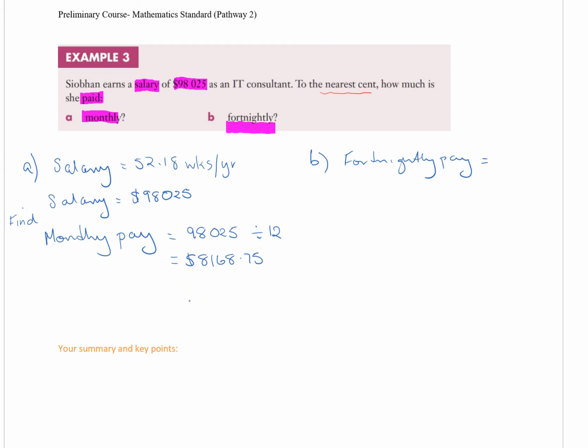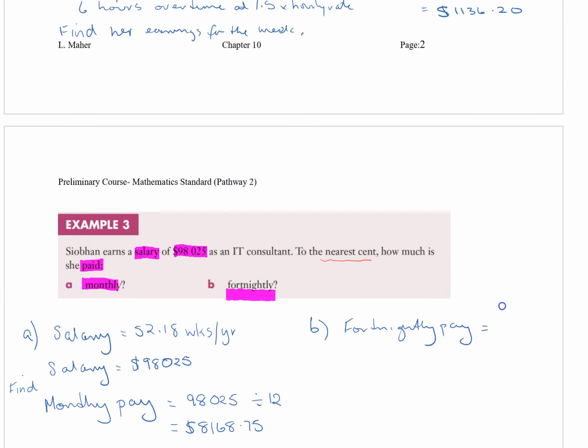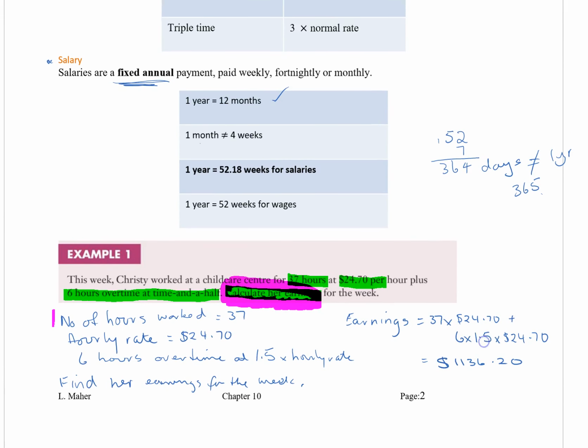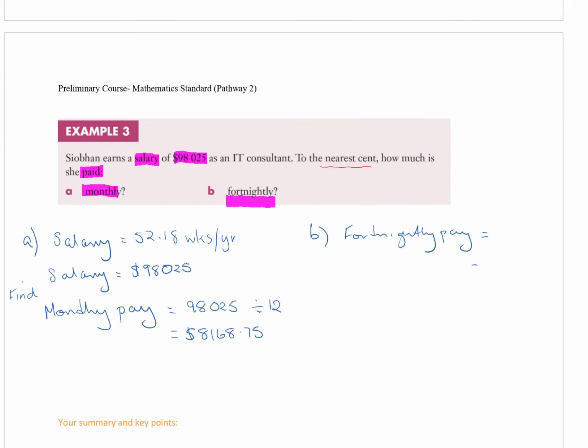The biggest mistake that students will make is to think that that monthly pay represents 4 weeks. Please remember back here where we had 1 month is not 4 weeks. 1 month is not 4 weeks.